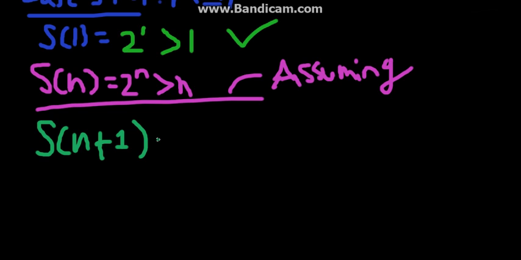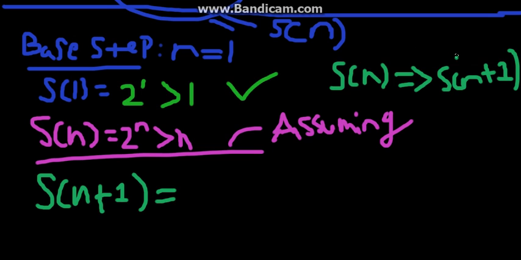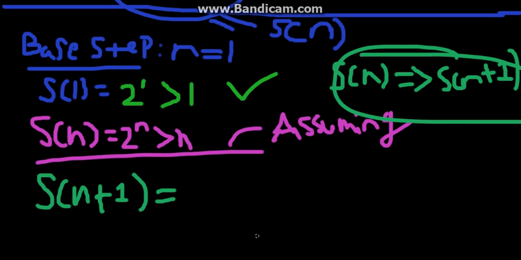Well, you're really just trying to prove that S of n implies S of n plus 1, and this is what you're generally just trying to prove. That because we assume this hypothesis, therefore it implies this.